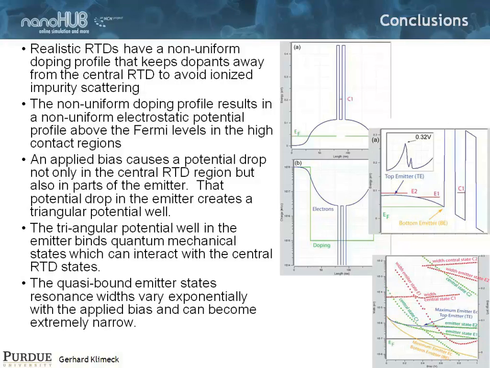So you have a coupled resonator problem. You have a resonator in the center that you really wanted to create, and you have an emitter resonance that you kind of didn't want to create, but you have it. And the quasi-bound emitter state resonances vary exponentially with the applied bias and become extremely narrow.